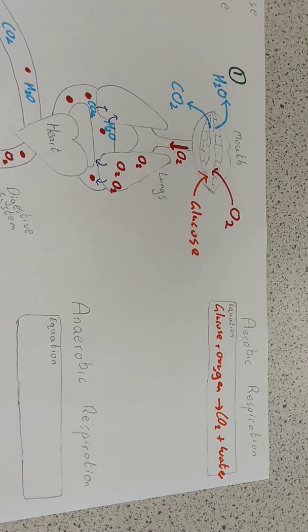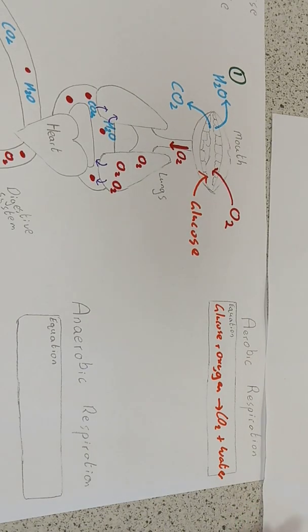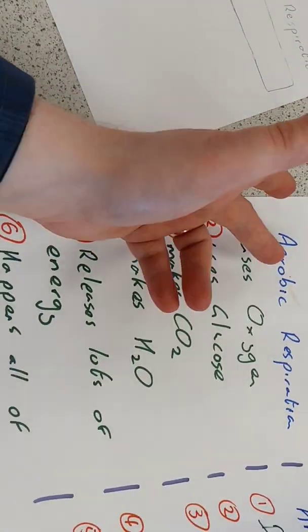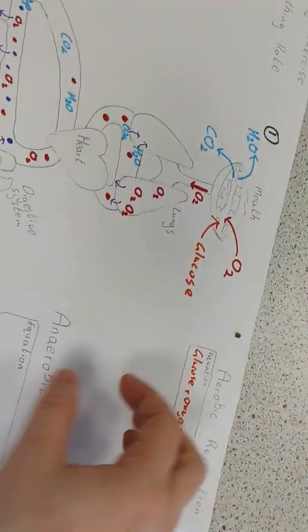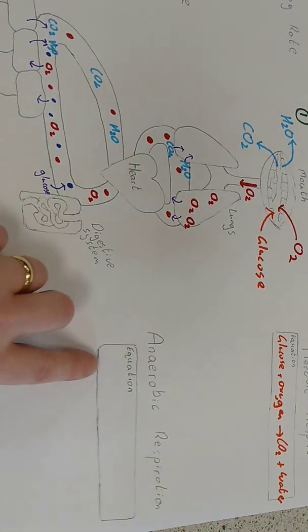Right, if you remember yesterday, you wrote down some key things about aerobic respiration. So you might want to put on that information from yesterday about aerobic respiration underneath where we've got that space there.